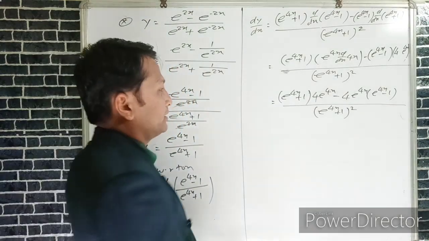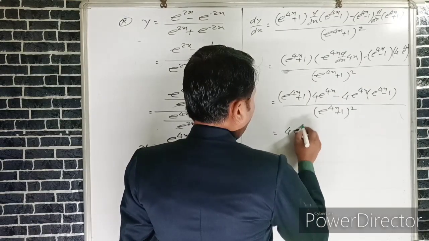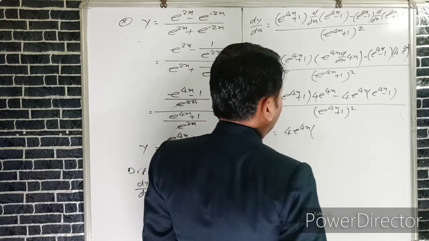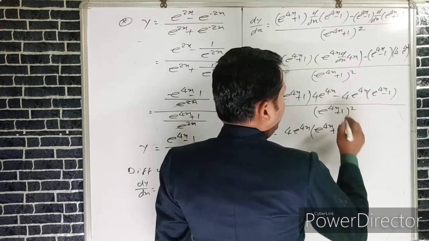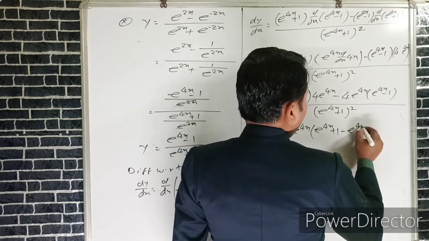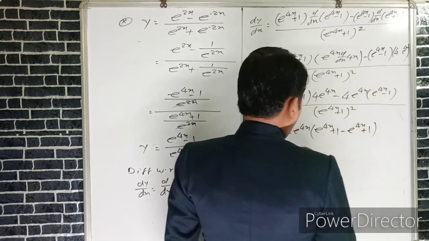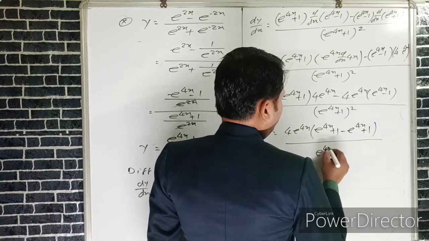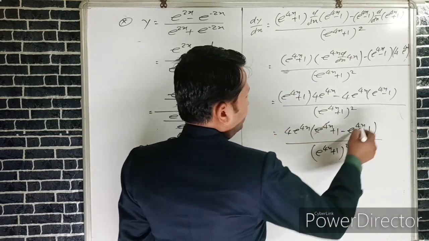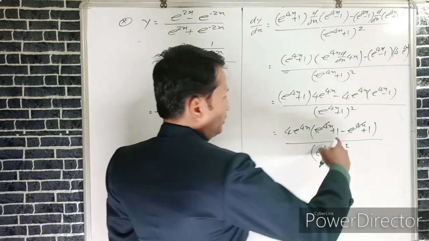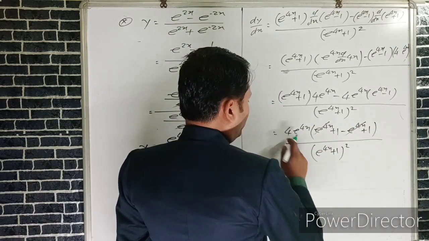If we take 4 into e to the power 4x common from both terms, then we can write e to the power 4x plus 1 minus e to the power 4x plus 1 upon e to the power 4x plus 1 whole bracket square. Here plus e to the power 4x minus e to the power 4x cancel. 1 plus 1 is 2, 2 into 4 is 8.